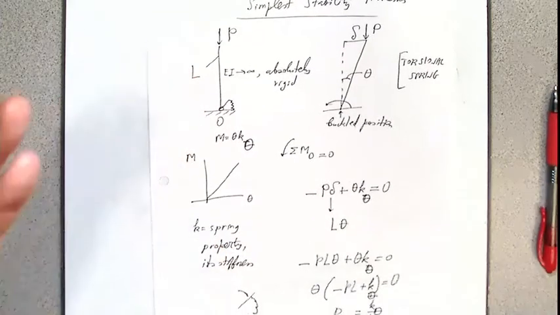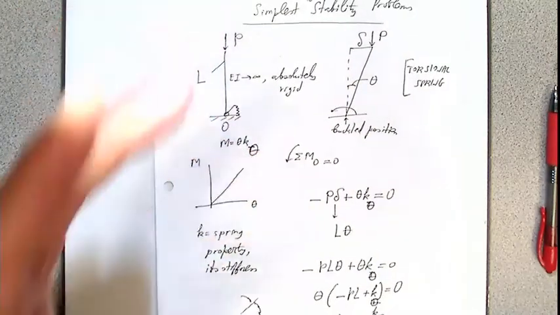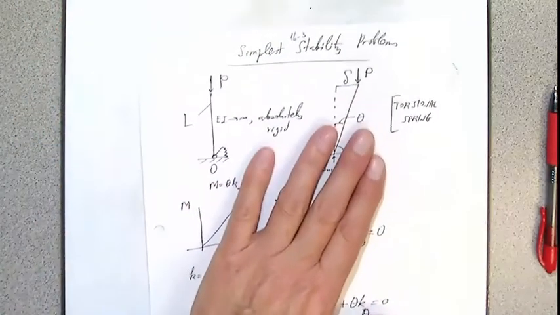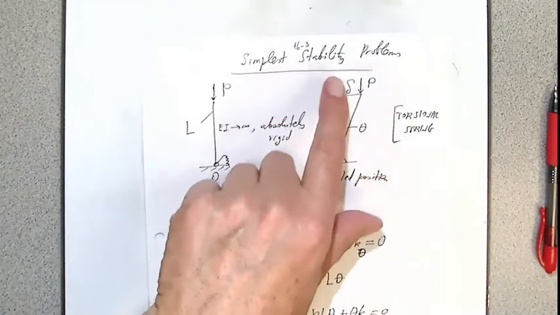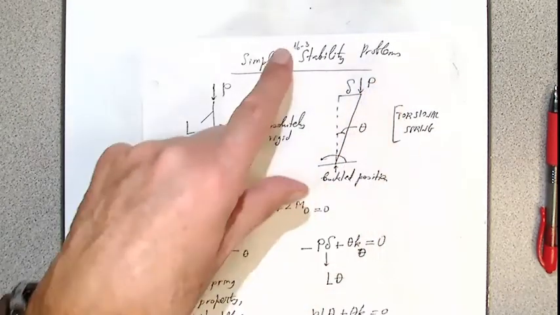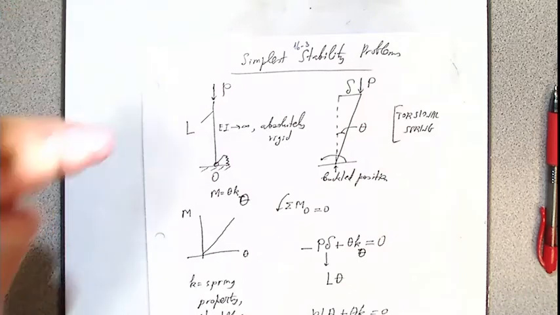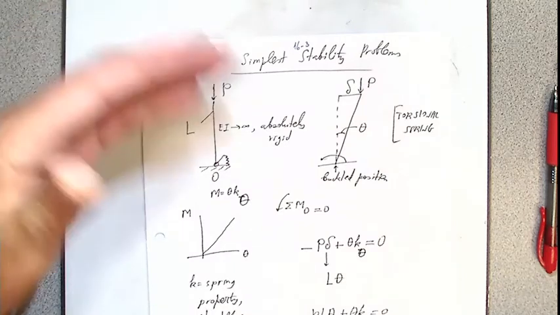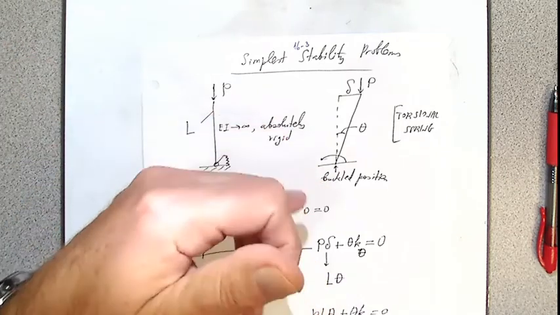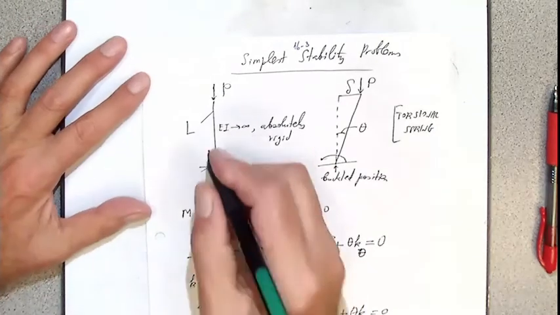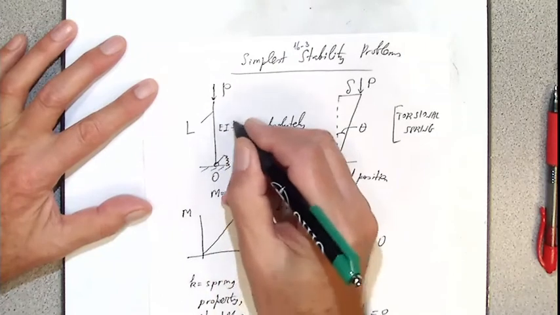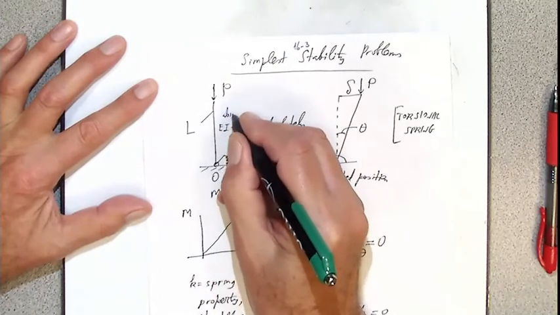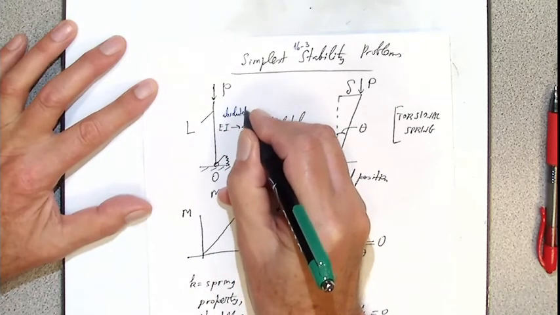So we will consider now problems that are simpler than what we considered until now, the simplest stability problems. The question is, why should I consider first columns, which is a more difficult topic, and only now consider the simplest possible cases when the column is considered to be absolutely rigid?